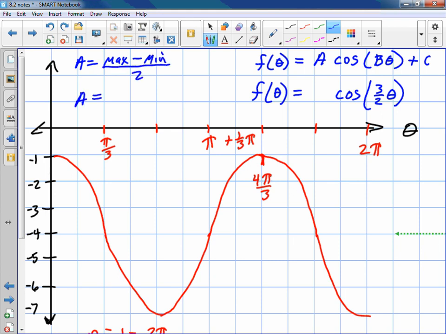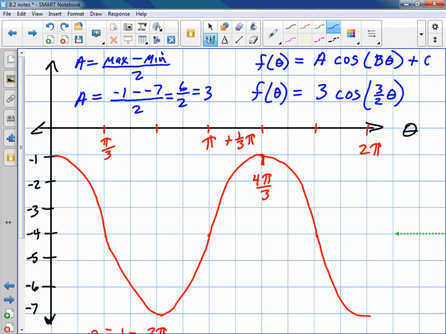In this case, my max is -1. My min is down here, -7. So I have a -1 max and -7 min. Watch your signs. -1 minus -7 divided by 2. That equals 6 over 2, and that equals 3 is my amplitude.